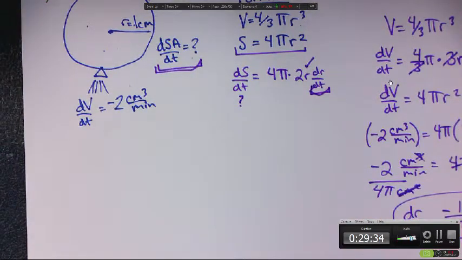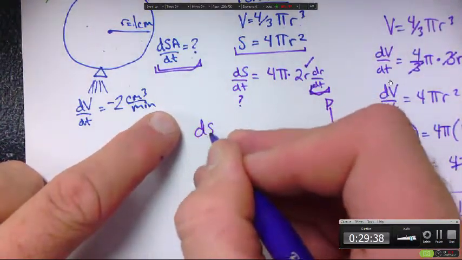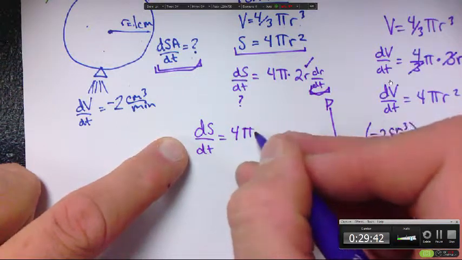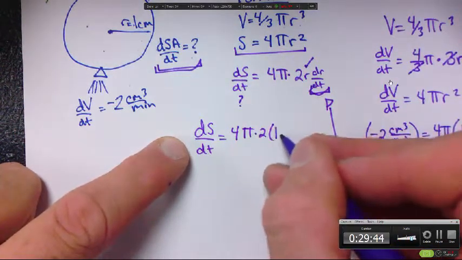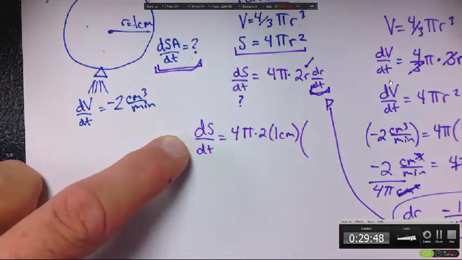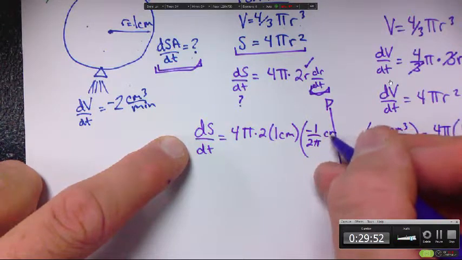So now we're going to fill in this formula. The rate of change of the surface area is 4 pi times 2 times the radius, which is 1 centimeter, times the rate of change of the radius, which is -1 over 2 pi centimeters per minute.